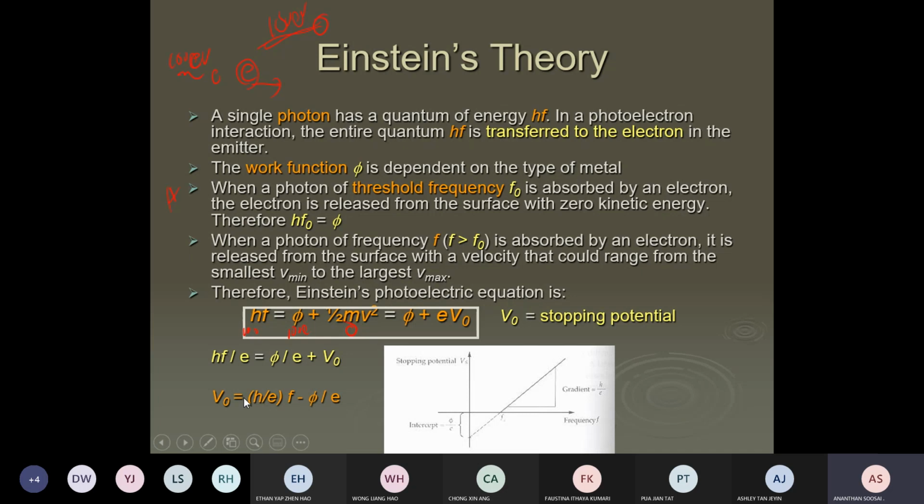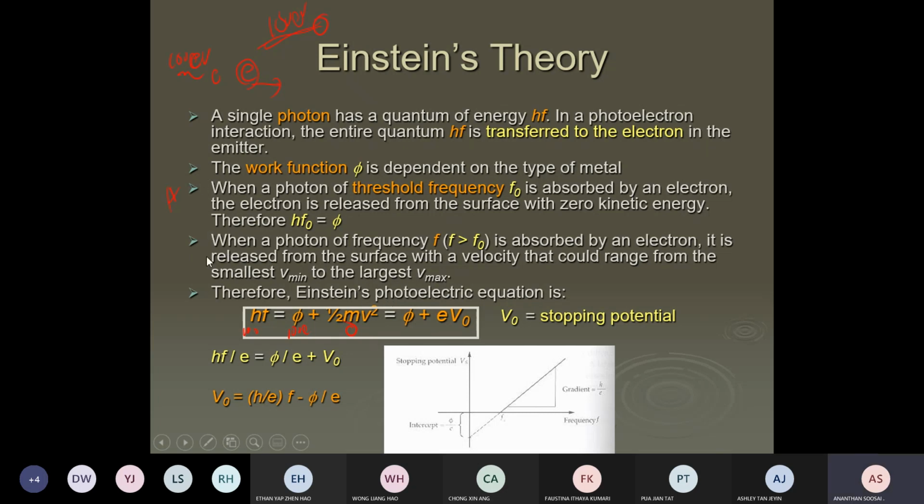Now let's continue. The electron is released from the surface with zero kinetic energy if the photon frequency is f0. This f0 is called the threshold frequency, the minimum frequency required to release the electron.